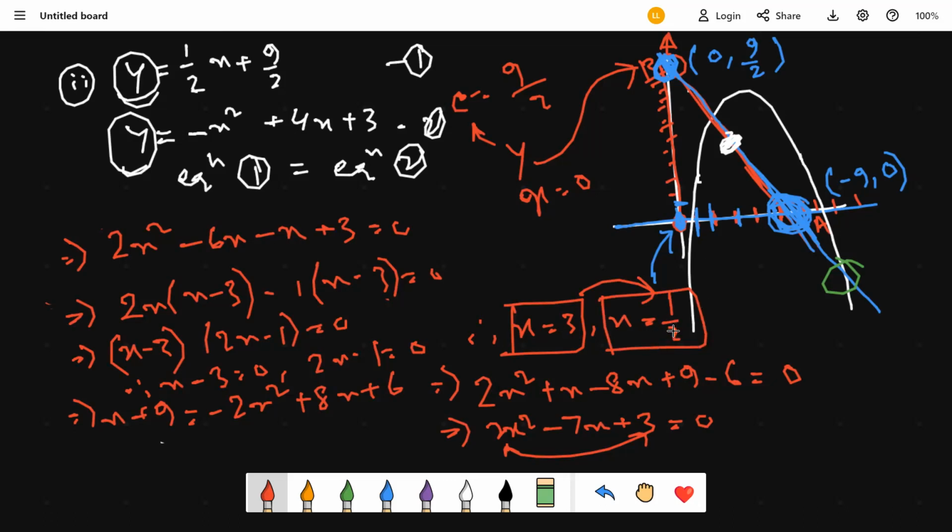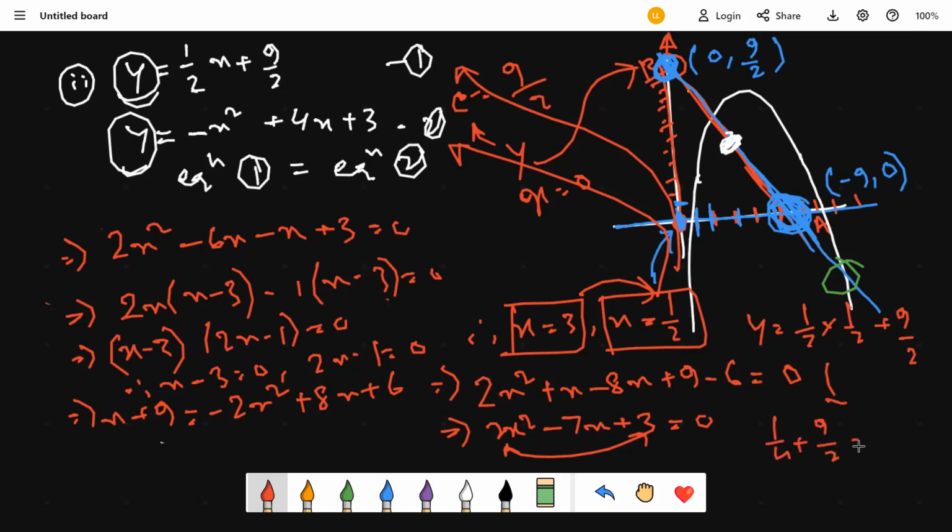Finally, if we place this half in one of the equations, either the curve or the straight line, we should be able to get the answer. Let's place that in the straight line equation, the normal equation. So y equals half times half plus 9 by 2. So this gives us 1 by 4 plus 9 by 2, and doing the LCM gives us 1 plus 18 divided by 4.